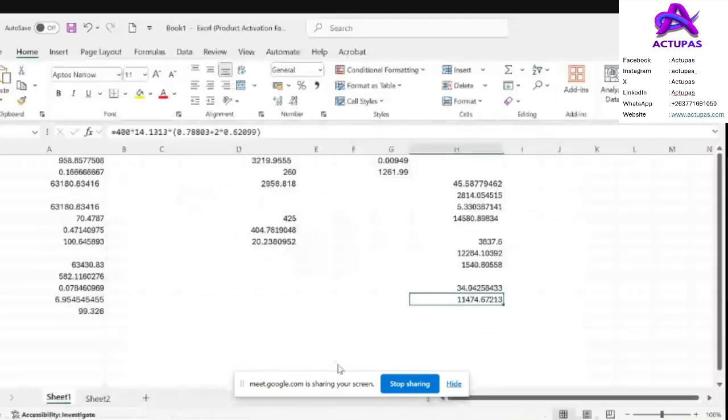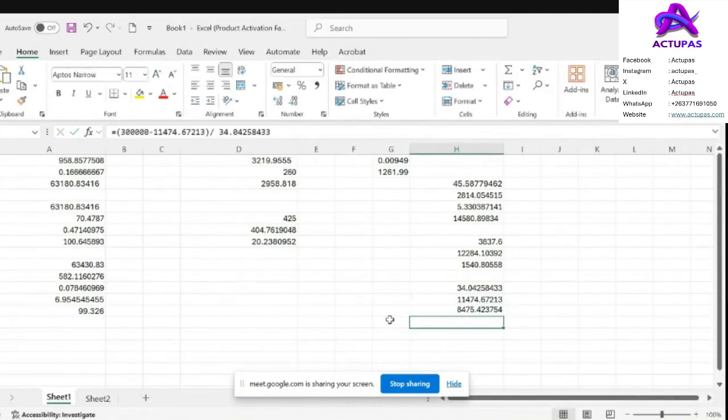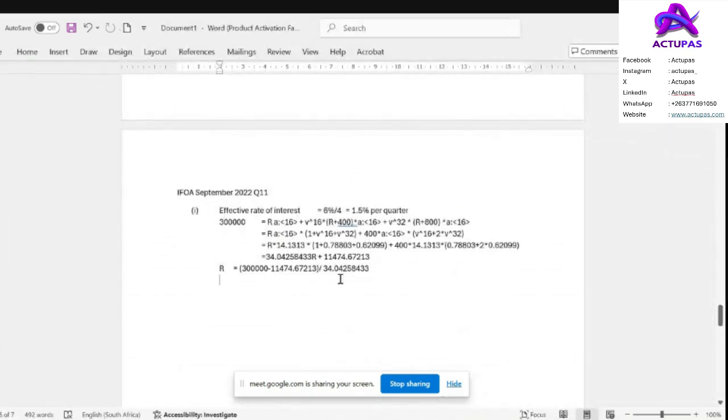Copy, paste it here, 8475. So this would be your R. So R is equal to 8475 per quarter. Per quarter, this is your quarterly installment.